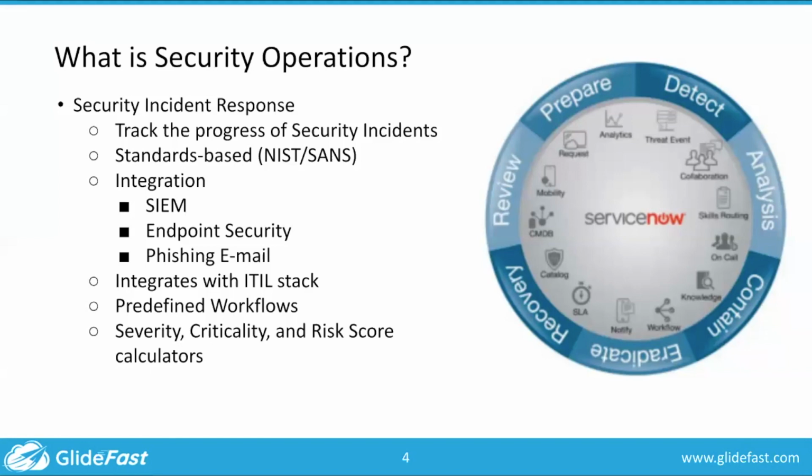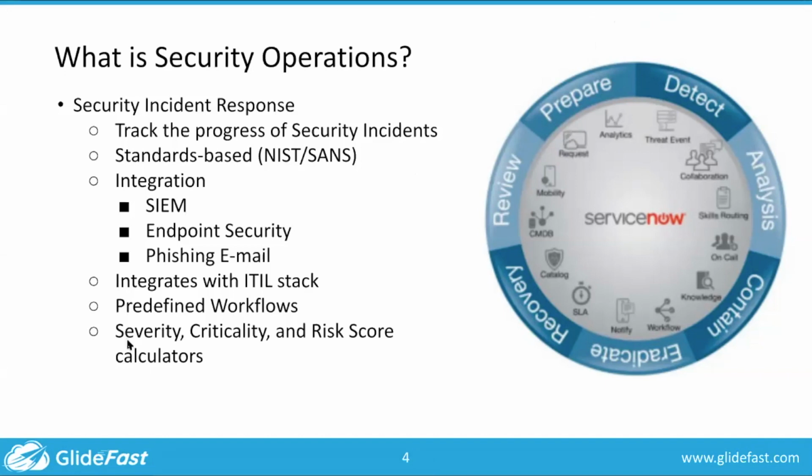There are predefined workflows that security operations provides for handling certain types of incidents. So if a phishing message comes in, there will be a workflow out of the box to handle phishing if a process doesn't already exist. A lot of what I have seen in the implementation I was involved in is that we took a lot of what ServiceNow had and modified it slightly, but there's a big effort given to keeping the process as out of the box as possible for the sake of support.